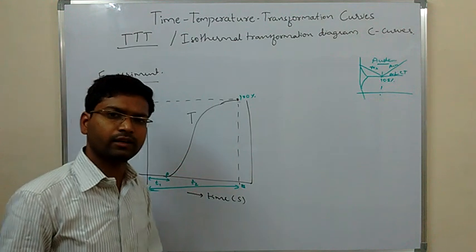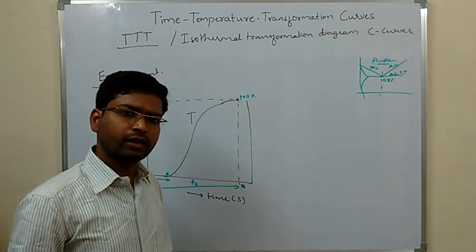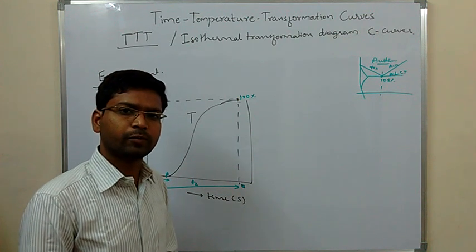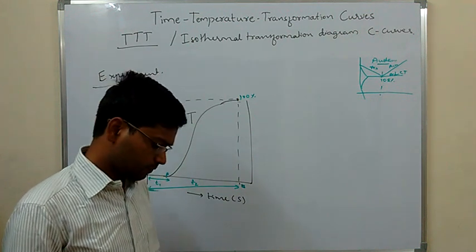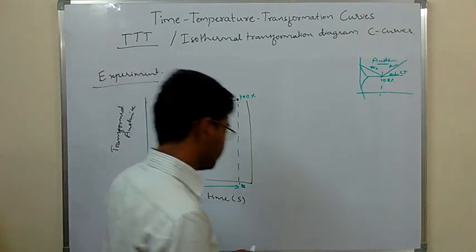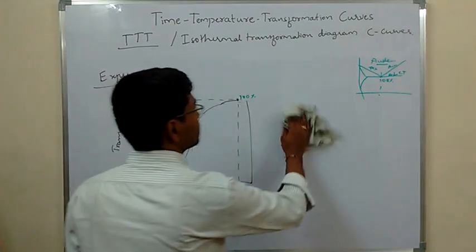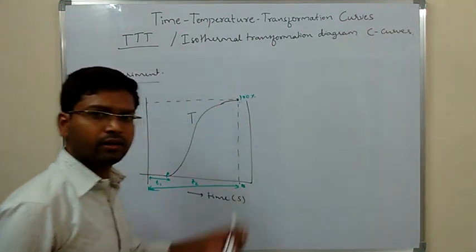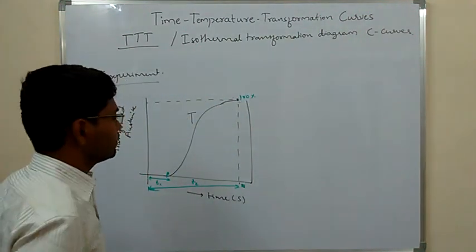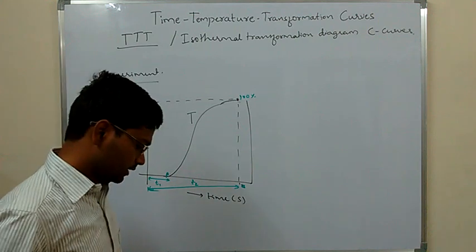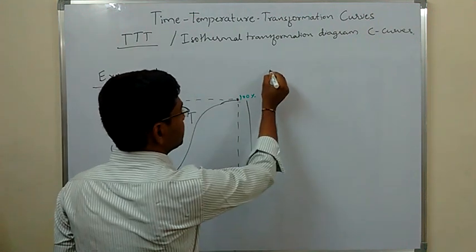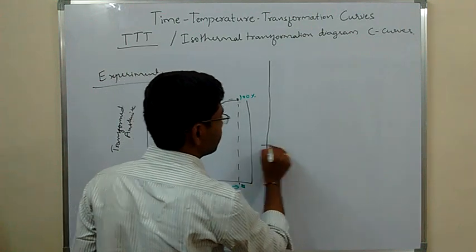At different varying temperatures we do the experiment, so that we will get the transformation curves of steels. So here I will draw a diagram of transformation curves at different temperatures, and again we will be studying the TTT diagram. Same thing I will draw here.